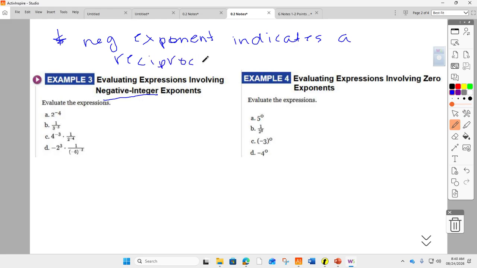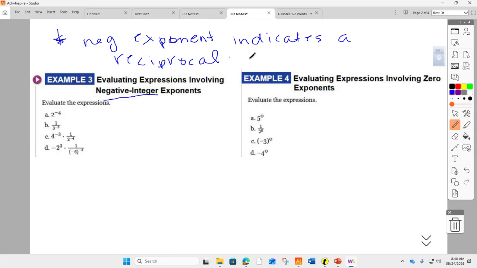Anytime we have a negative exponent in our expression, after we've simplified, evaluated powers to powers and all that, then we want to multiply by the reciprocal of that positive exponent, right? So the way that works in practice is if we have a negative exponent in the top, we move it to the bottom and make it positive. If we have a negative exponent in the bottom, once we're done simplifying everything, we move it to the top to make it a positive exponent.